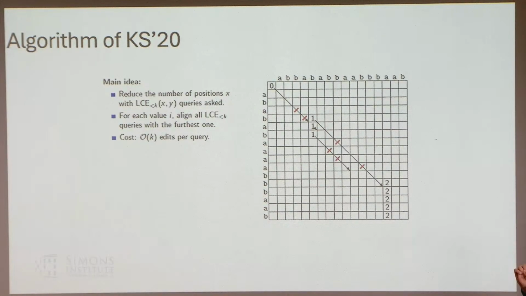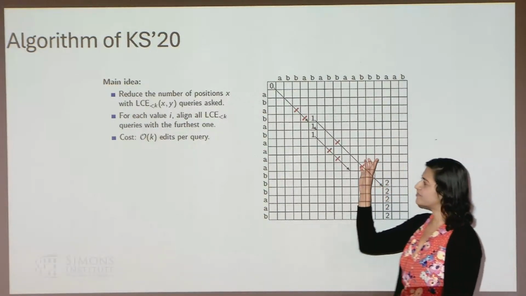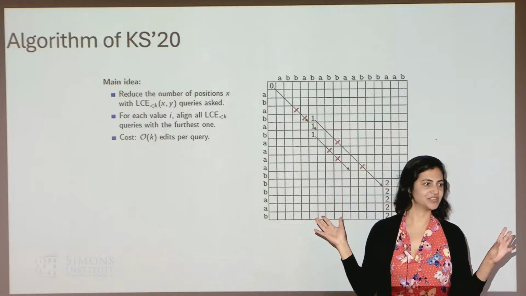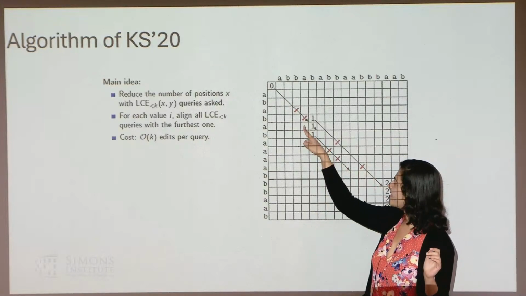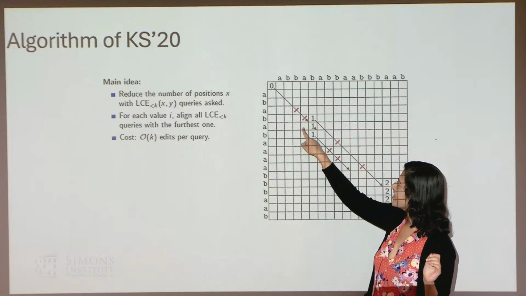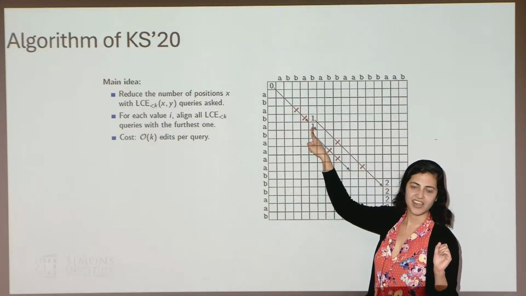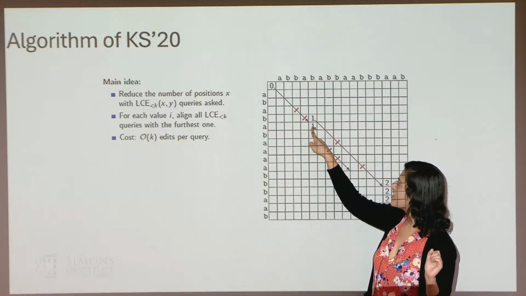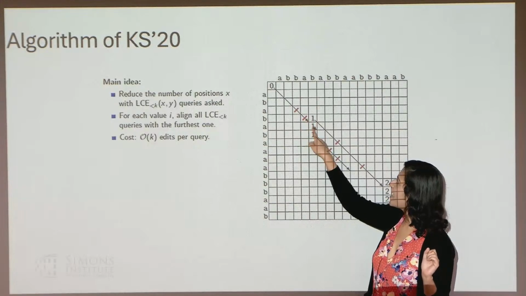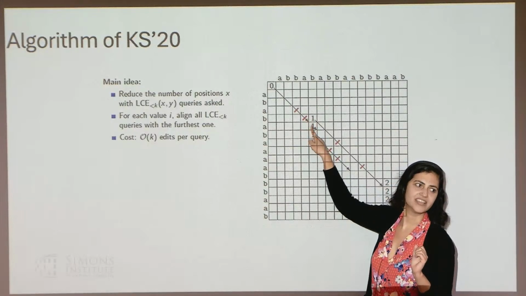And why is it okay? Why doesn't it violate our correctness? It is because we are allowed to have this k versus k squared gap. So what are we doing here? We are saying, hey, instead of using this diagonal, let's just move over here. That means we are doing some shifts, insertions and deletions.